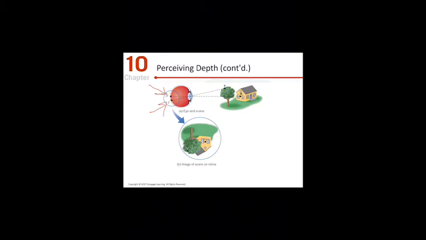And so we have no information on the retina telling us the distance of the house or the tree here, right? So we have to rely on other cues that are going to tell us what this distance is. Now, the placement on the retina just tells us where the image is in the scene here. But if you look here, there's no information about the distance between the house and the tree. So we have to use other cues to tell us distance and to tell us depth.